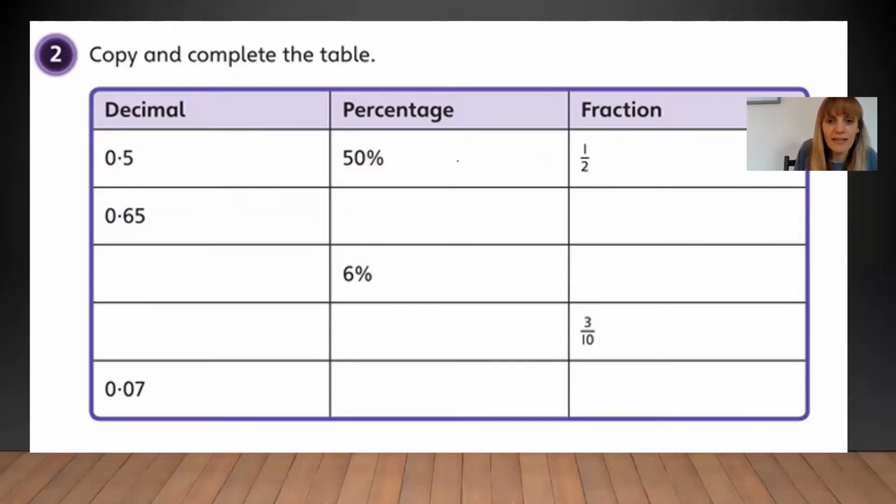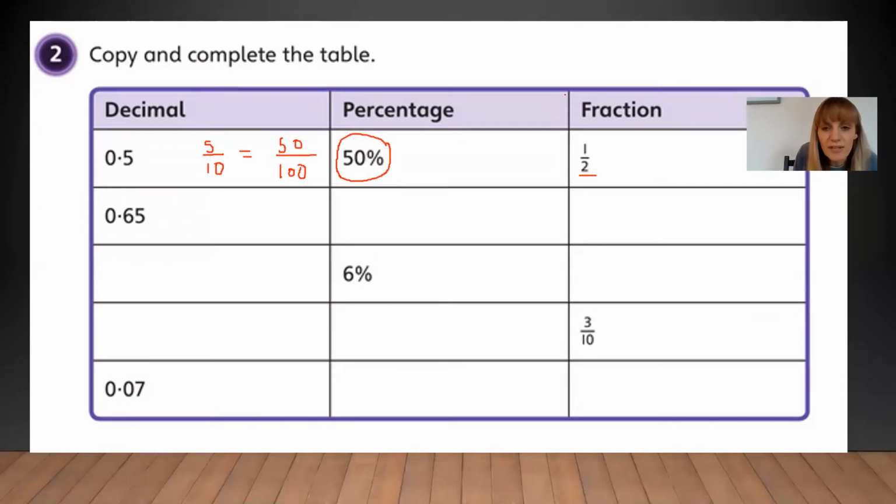But my first feeling is for this side that I would think, well, that's the same as 5/10ths, which is the same as 50 hundredths. And that's where this percentage is easy then to come from. And then it's been simplified down to make 1/2 over here. Now I would pause the video, come back and we'll have a look at some of these answers together.